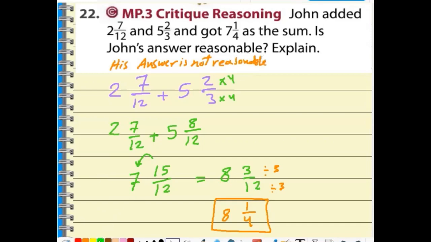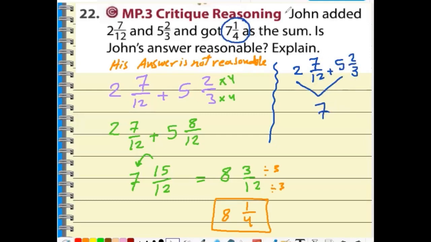Mister, can I answer this question without doing all of these operations? Yes. So just concentrate with me. Here, 2 and 5. I'm going to write in here again: 2 and 7 over 12, and here, plus 5 and 2 over 3. He said it equals 7 and a quarter. Look, the 2 plus 5 only equals 7.